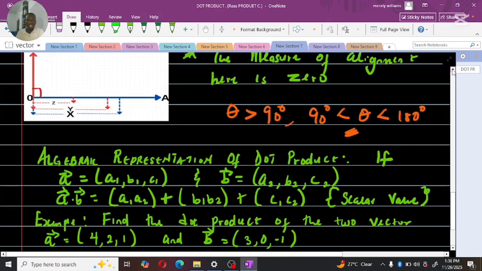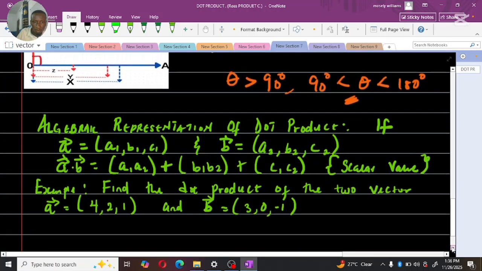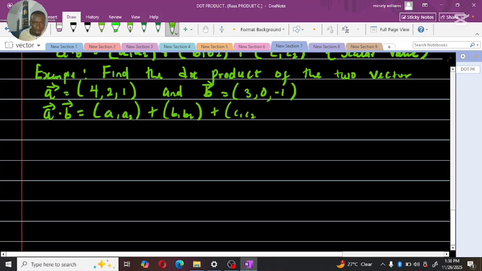We want to find the dot product between these two vectors. Don't forget that from the algebraic representation, we have said that vector A dot B is equal to A1, A2 plus B1, B2 plus C1, C2.